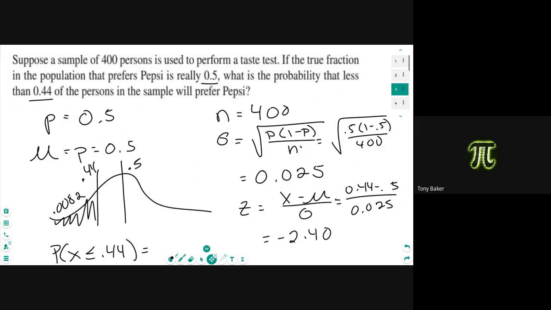So it's not a percentage of it. It's not like 44%, because that'd be really close to the 5 over here. We're looking at 44% of the people, so we're looking at a whole bunch of different samples. How many of them would come out with a 44% chance? Does that make sense?